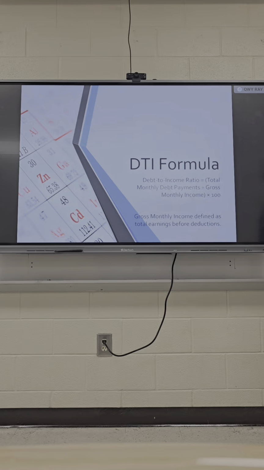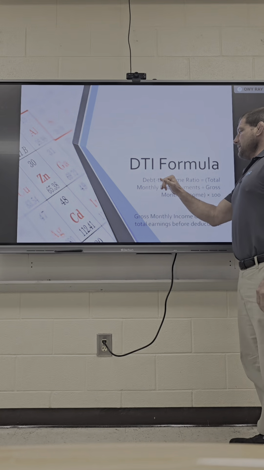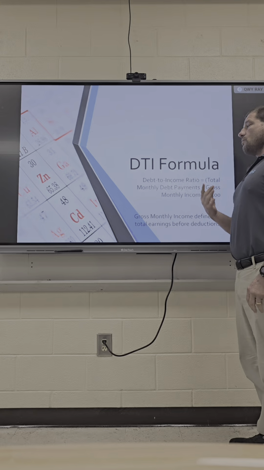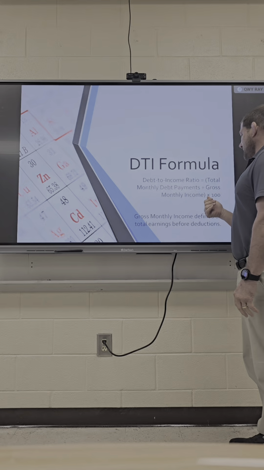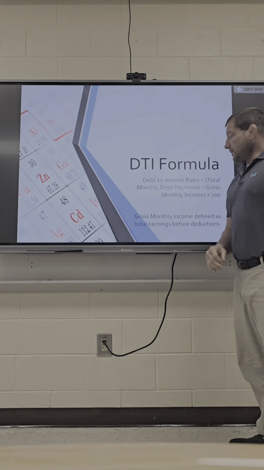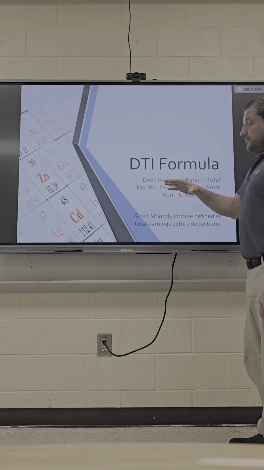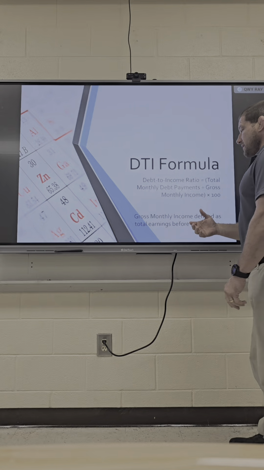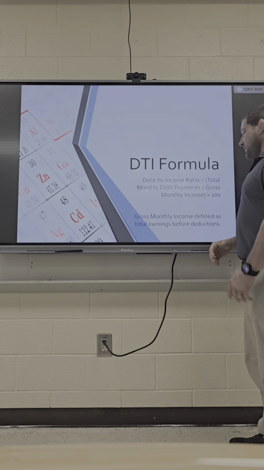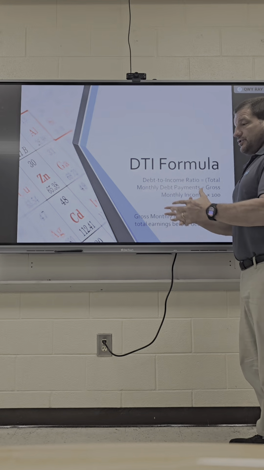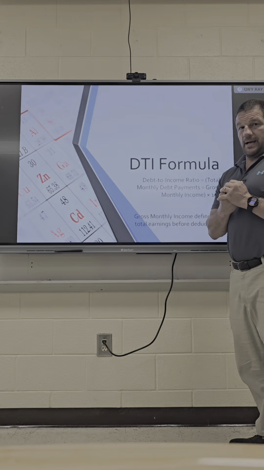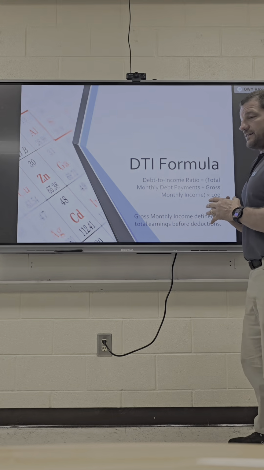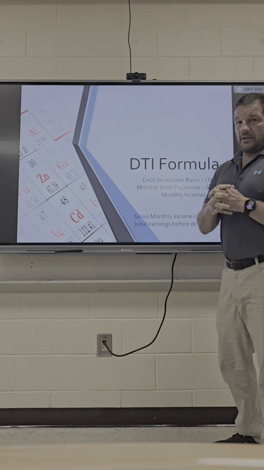So here's the formula, and this is how they calculate it. Debt to income ratio is equal to total monthly debt payments divided by your gross monthly income times 100. There is net income and gross income. Your gross monthly income is defined as total earnings that you get without any deductions made, so it's previous to deductions such as taxes and so forth.